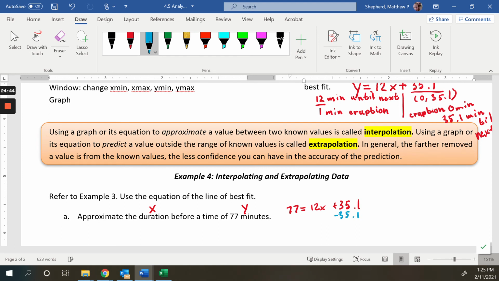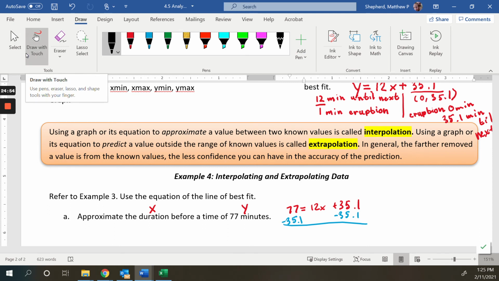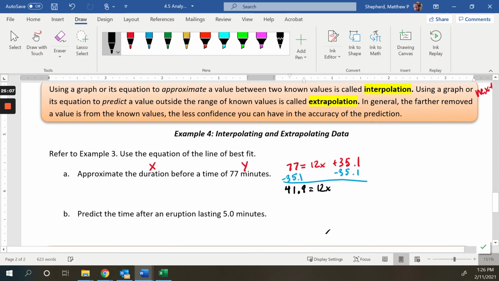So we'll minus 35.1 from both sides of that. And that should give us about 41.9 will be equal to 12x.